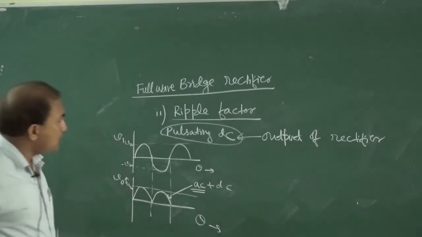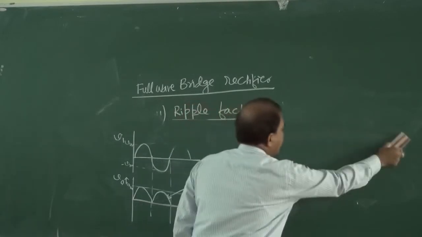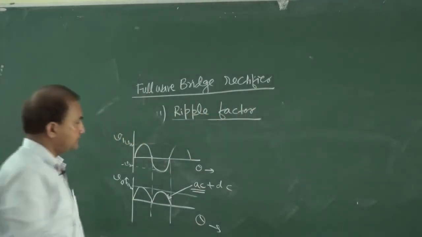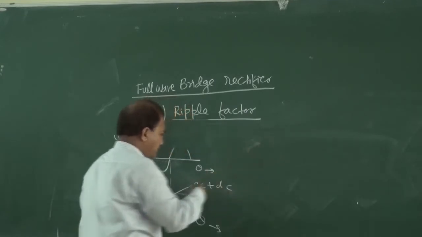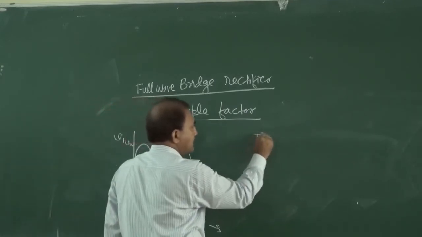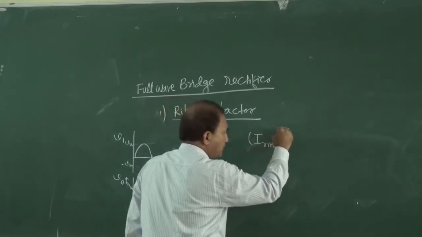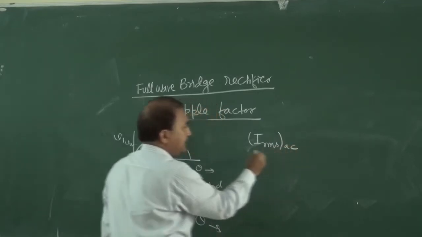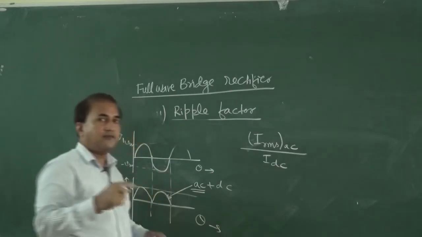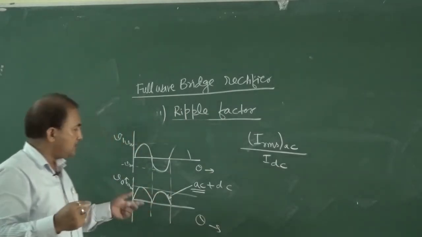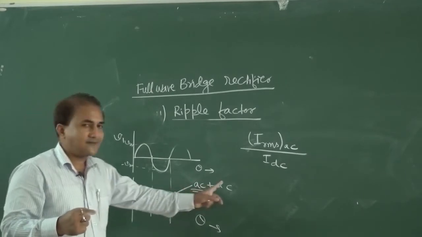So how can we calculate the ripple factor? Ripple factor is equal to the RMS value, say for current, the I RMS value of the AC component divided by the DC component of the rectifier output. Suppose this is the rectifier output, so it contains AC as well as DC.